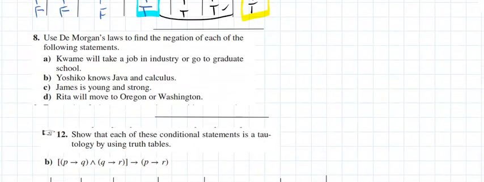If I look at number 8, use De Morgan's law to find the negation of each of the following statements. Kawame will take a job in industry or go to graduate school. If I want to use De Morgan's law to write the negation of this, I would say K will not take that job and will not go to graduate school.